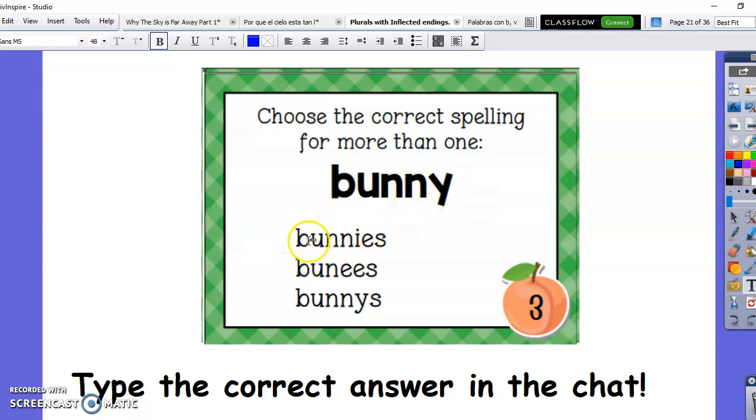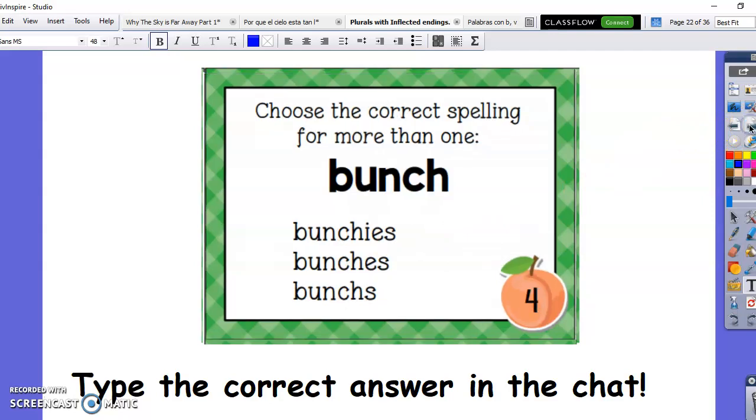So bunny would be bunnies. Bunch. Again, what is the rule for words that end with CH? You have to add an ES. So the correct spelling for bunch would be bunches.